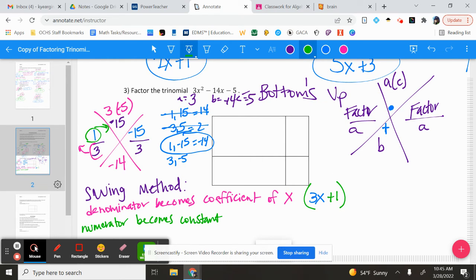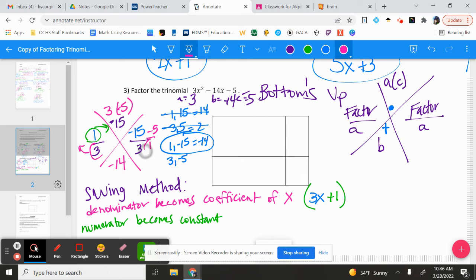And there is one of my factors. The only thing I have to remember when I get to this next side is if it can be reduced, I need to reduce. So will 3 go into negative 15? Yes, it will. That gives me negative 5 over 1.